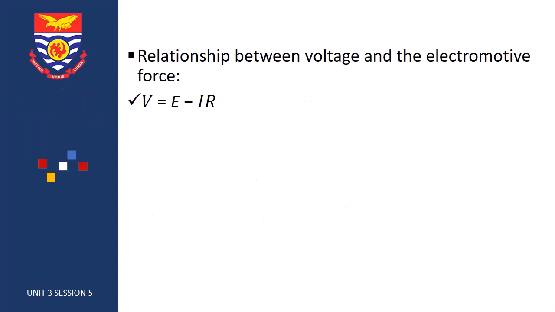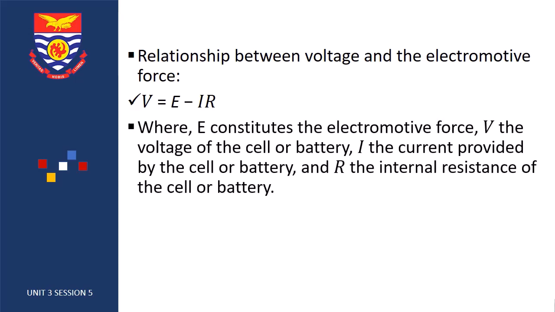Now, most often we come across the relationship V = E - IR, and normally we find it difficult to see the significance of this relationship. Here E represents the electromotive force, V is the voltage of the cell or battery, I is the current provided by the cell or battery, and R is the internal resistance of the cell or battery.